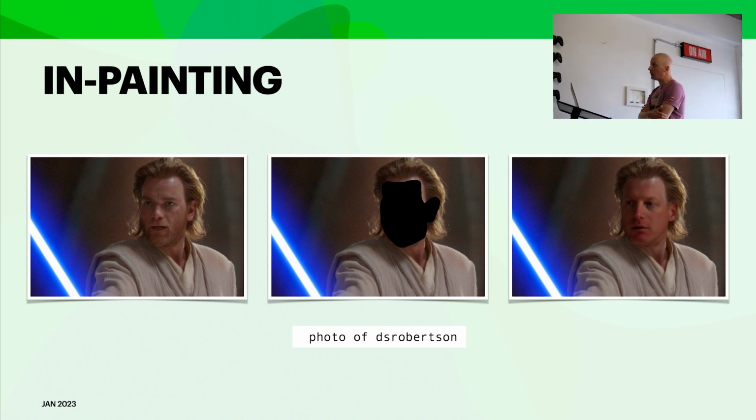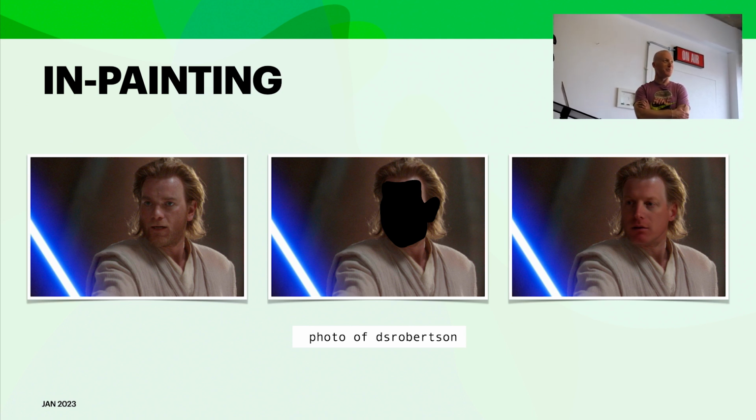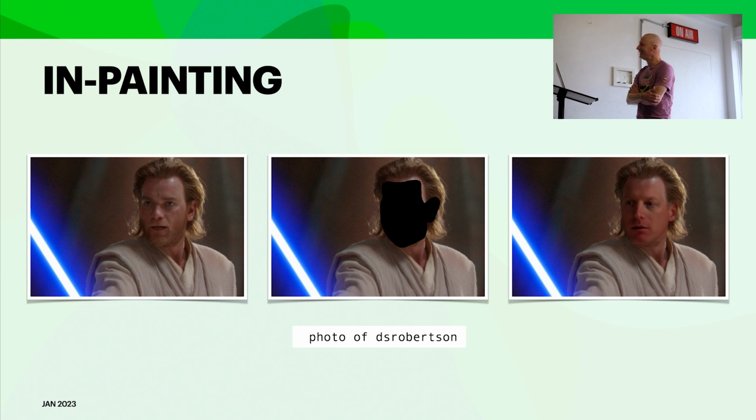You mask an area of an image that you provide as an input, or one you've generated, and then you let the model redraw only inside that masked area using the prompt that you provide. It's kind of the equivalent of what Helen does, but in computer form.